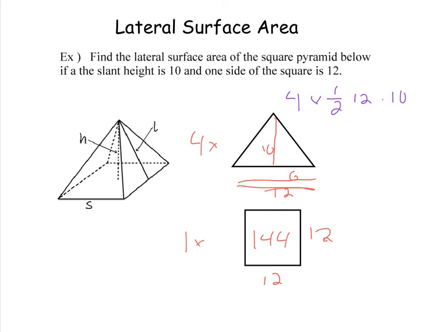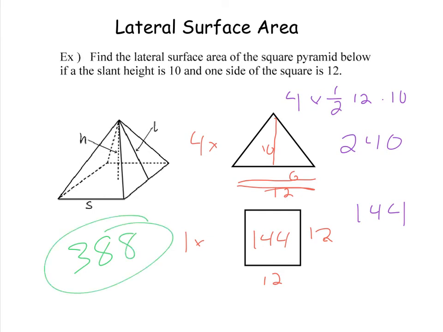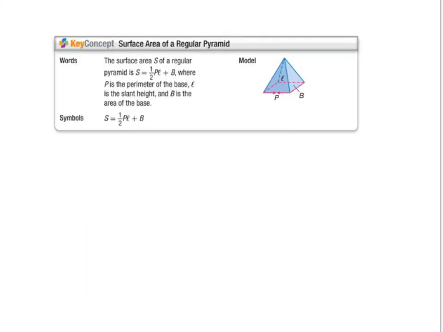So 4 times 1/2 is 2. 2 times 12 is 24. 24 times 10 is 240, plus 144 down here at the bottom. Our total surface area is going to be 388.